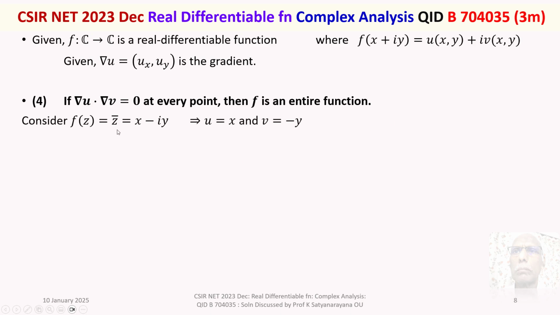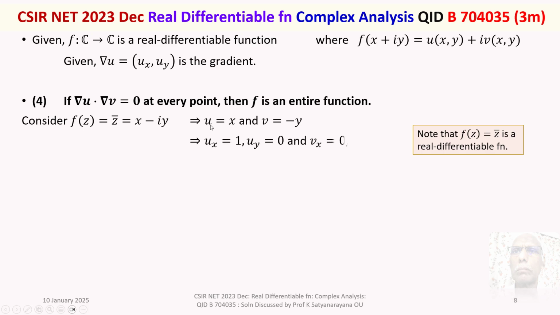Consider f(z) = z bar. z bar is x - iy. u is x, v is -y. Remember, this function f(z) = z bar is a real differentiable function. And you take ux = 1, uy = 0, vx = 0, vy = -1.